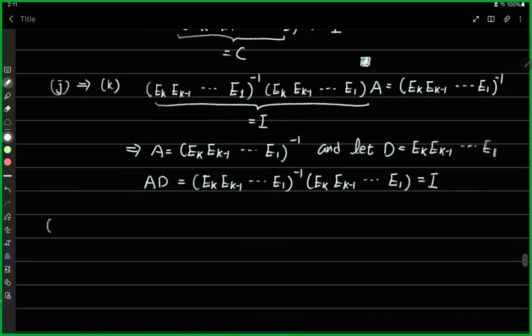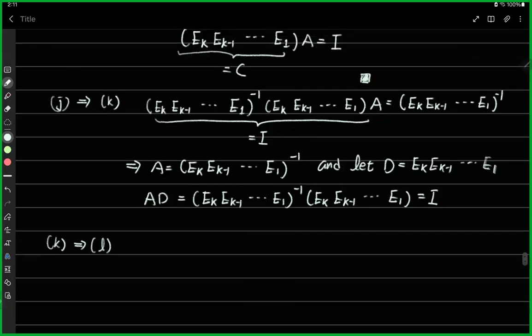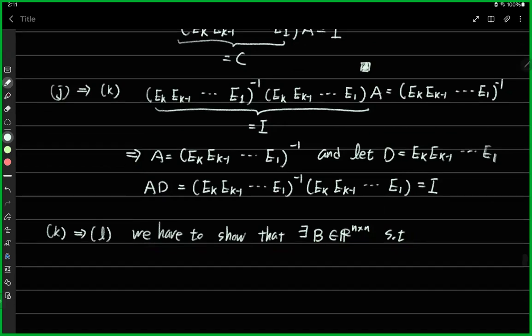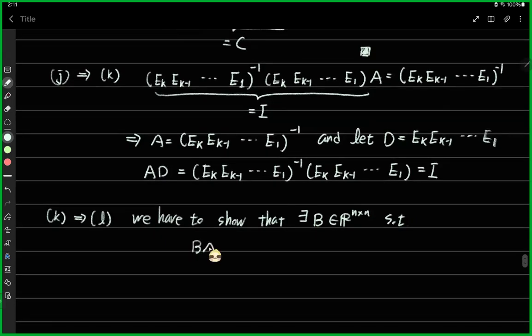Okay, next one, K implies then L. So we have to show that there exists B, which is an n by n matrix, such that B A transpose is equal to identity, first one.